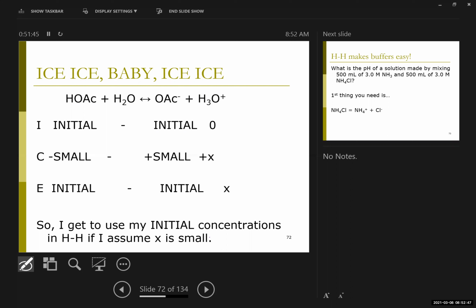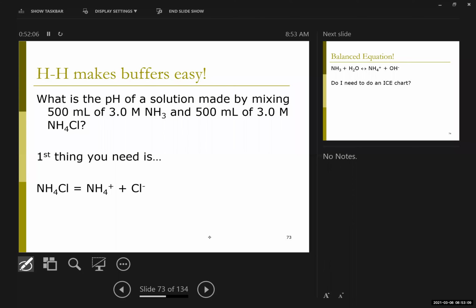I love it in that it simplifies my life. On the other hand, it does force me to recognize a special case, and it introduces an equation which simply does not always work. If you misidentify your solution as a buffer and try to use Henderson-Hasselbalch, you'll get either a wrong answer or total nonsense, depending on what the initial conditions are.